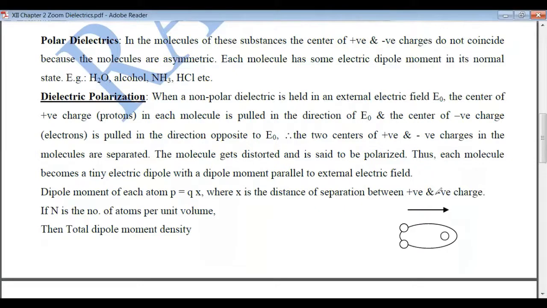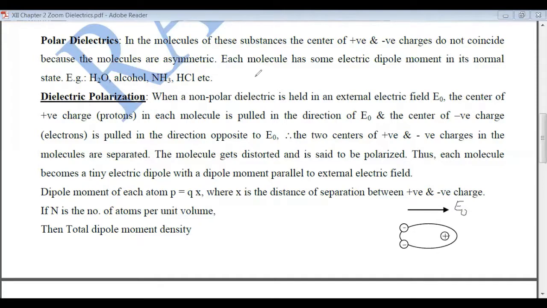Let this be the external electric field E0, in which a non-polar dielectric molecule is placed. The positive charge will experience a force along the direction of E0, so it will move along the direction of E0, whereas the negative charges will experience a force in the opposite direction. So this non-polar dielectric molecule gets polarized.